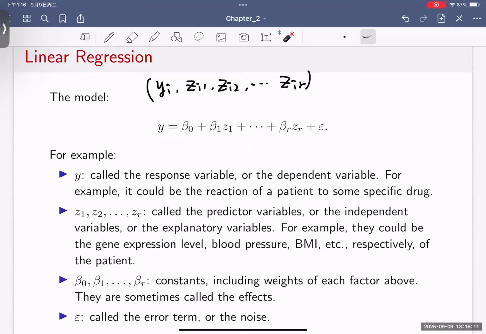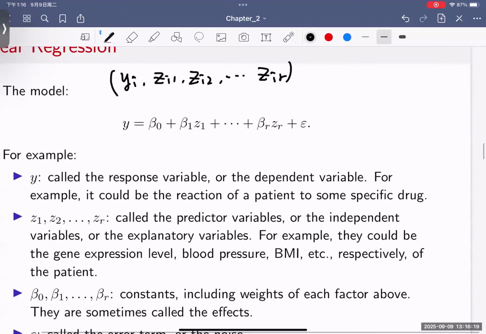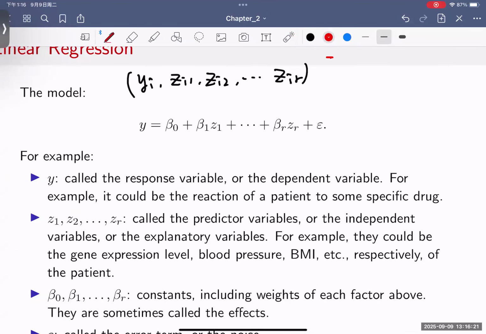It's related to some kind of probability content. Okay, maybe I'll just show the answer. The first thing is that we should have an assumption on the epsilon.